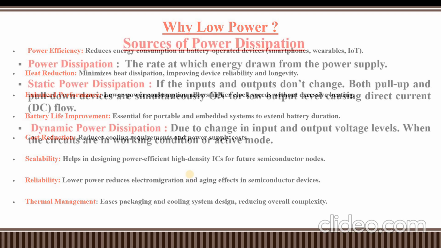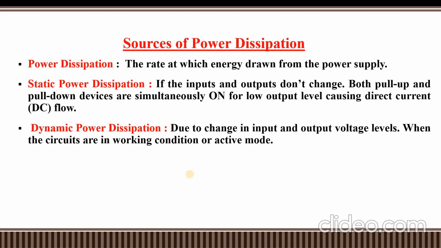Let us discuss the different sources of power dissipation that we have. Power dissipation is the rate at which energy is drawn from the power supply. We have two types of power dissipation: static power dissipation and dynamic power dissipation. If inputs and outputs don't change, we call it static power. If inputs and outputs change, we call it dynamic power.